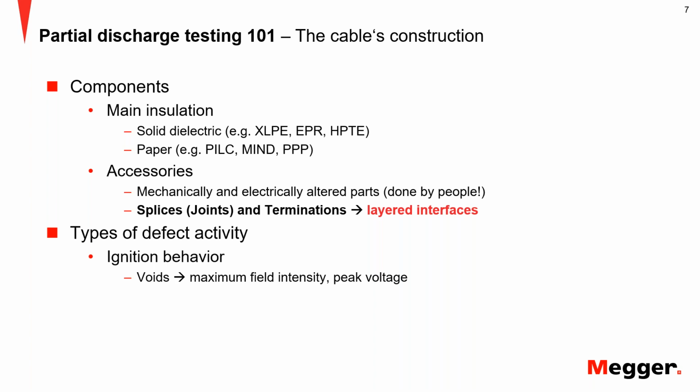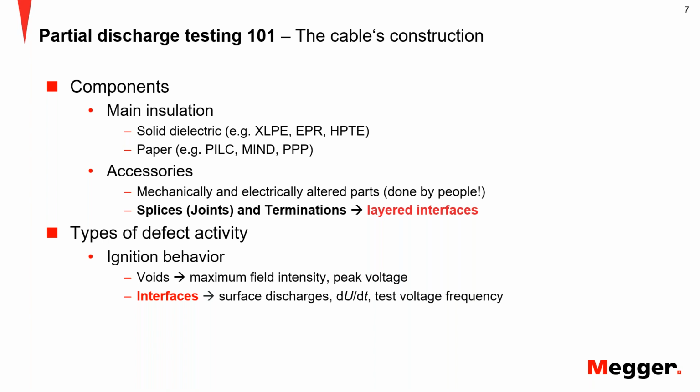These defects have a very characteristic behavior. Their ignition behavior is pretty much a function of the maximum field intensity, or in other words, the peak voltage. So you reach a certain peak voltage, that void will ignite and you will have partial discharge activity. And the other more important type of defect is an interface in general.